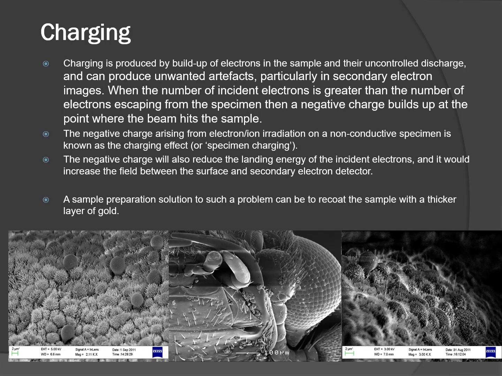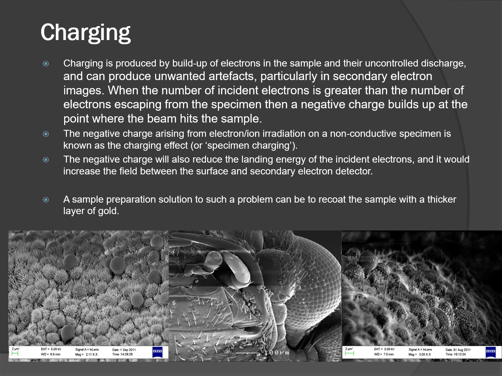Charging is produced by a build-up of electrons in the sample and uncontrolled discharge, and can produce unwanted artifacts, particularly in secondary electron images. When the number of incident electrons is greater than the number of electrons escaping from the specimen's surface, a negative charge builds up at the point where the beam hits the sample.